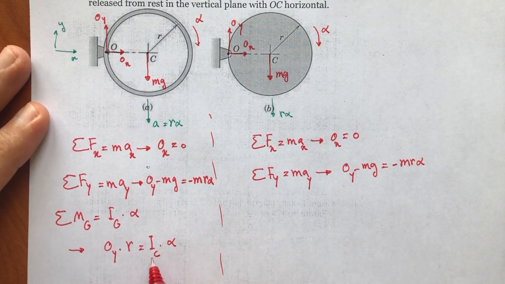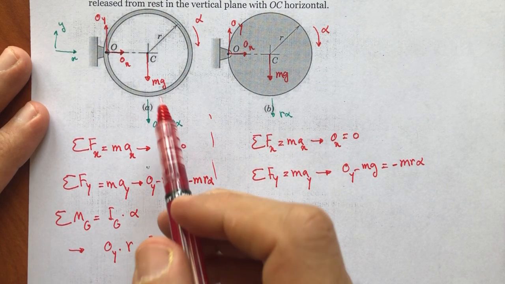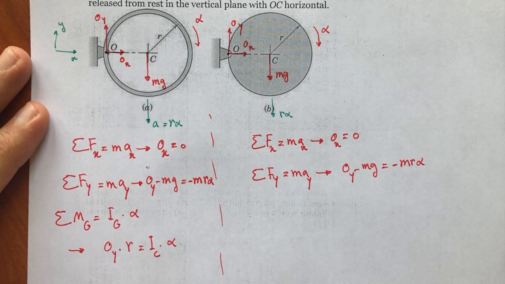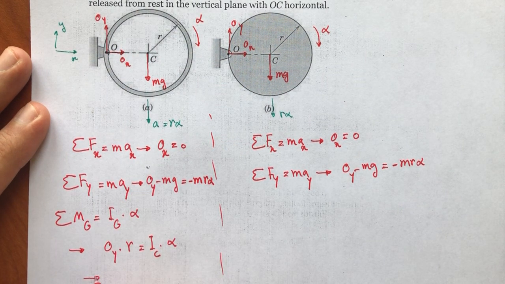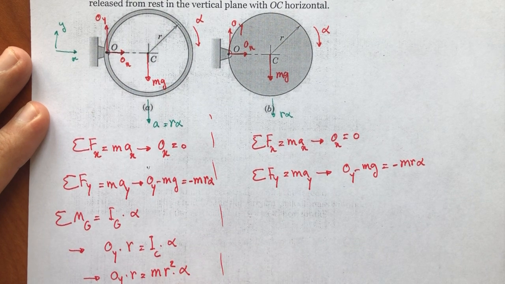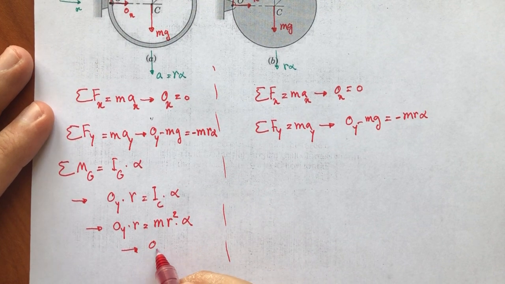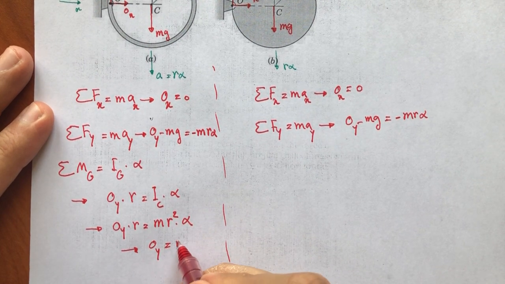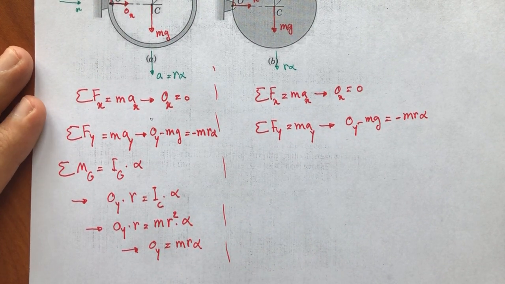But what is I for a loop, for a ring? If you remember, we said mass moment of inertia of a ring about the axis of it through the centroid is going to be mass times r squared. So OY times r is going to be mass times radius squared times alpha. Or you can simplify one of these r's, and OY is going to be equal to m r times alpha.